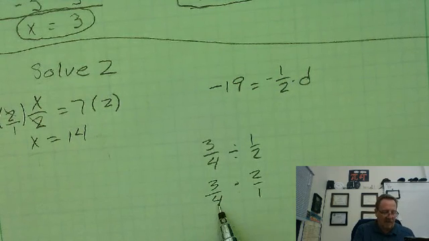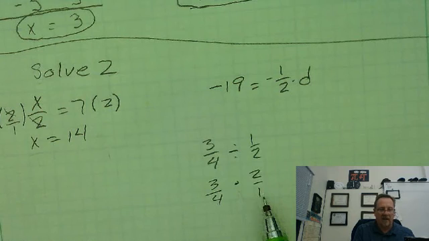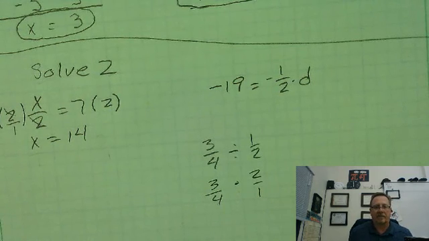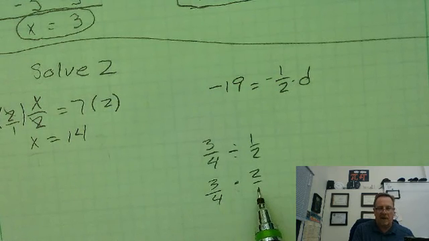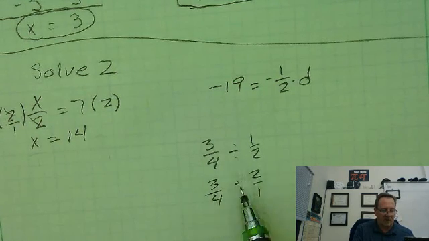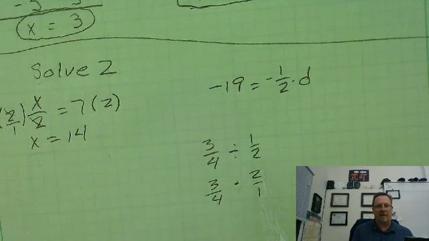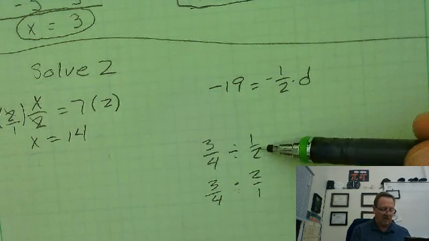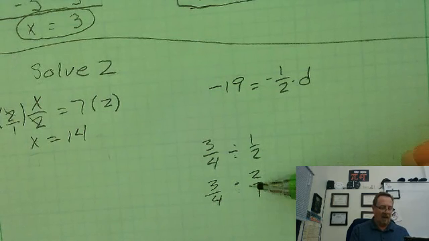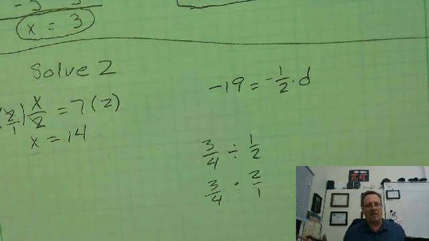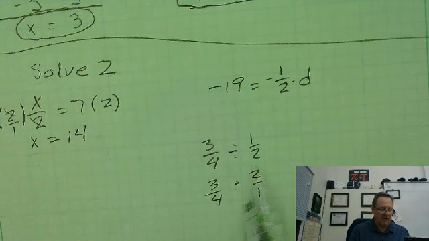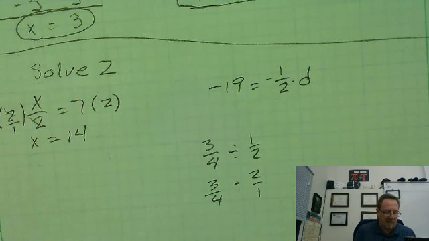So we kept the first term, changed to multiplication, and flipped the second. Most mathematicians would say you invert, which means to flip it upside down, and multiply. When you divide by fractions, you change to multiplication by what's called the inverse. You flip it upside down.